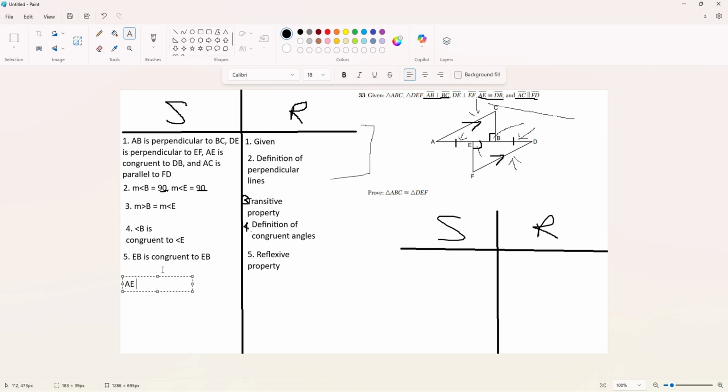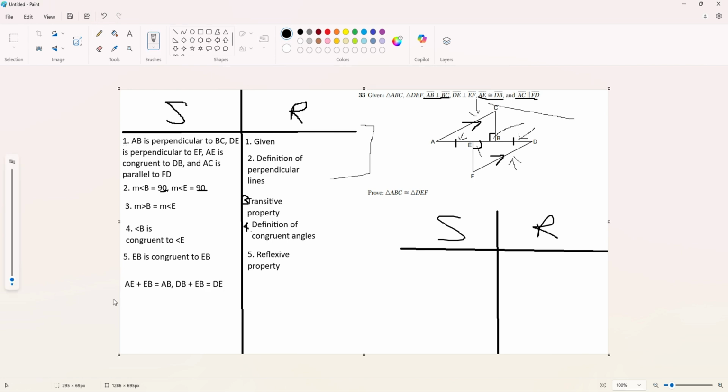Alright, so now we can set up an equation. We find that segment AE plus segment EB is equal to AB, while segment DB plus EB is equal to DE. And when you guys write these segments, make sure you put a line above the segments to show that they are segments, which I'm going to do right now, as well as in my given.